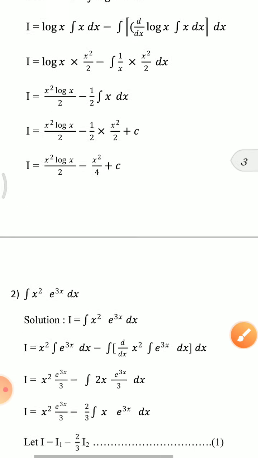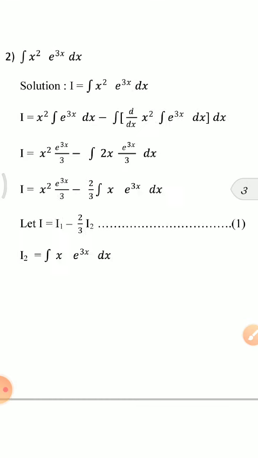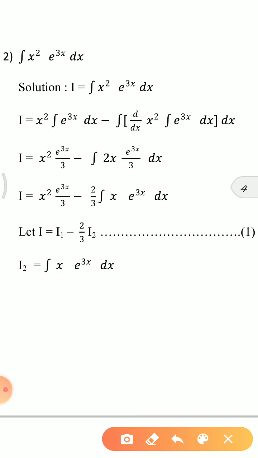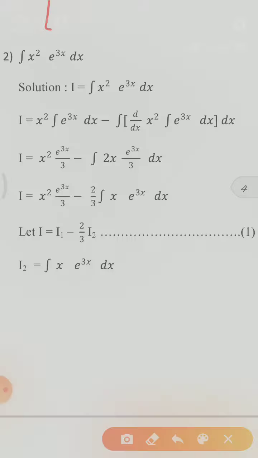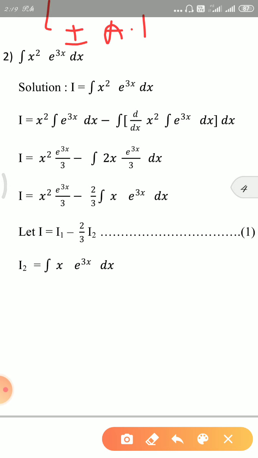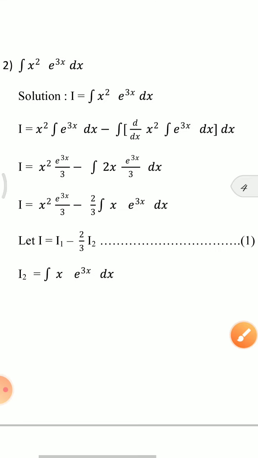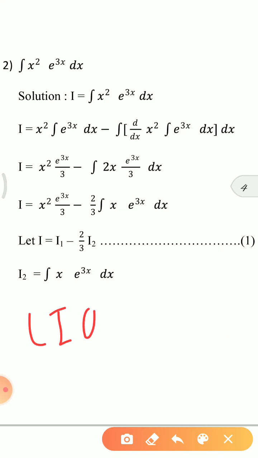Let us see the second one. Integration of x square e raised to 3x. We have to apply the LIATE rule here.